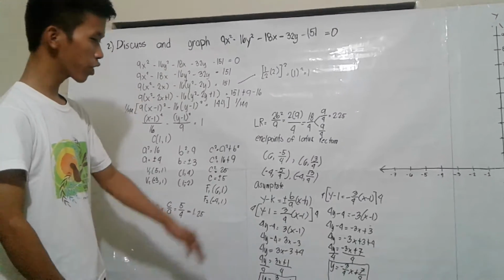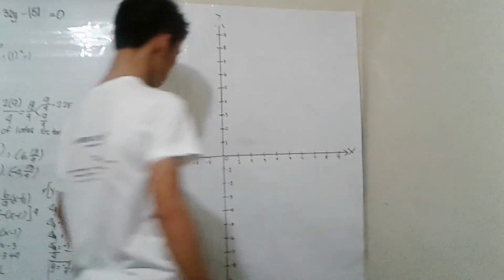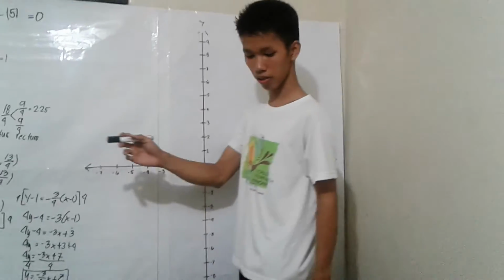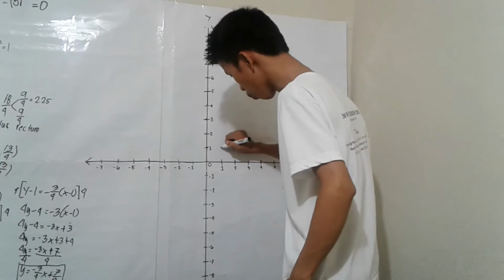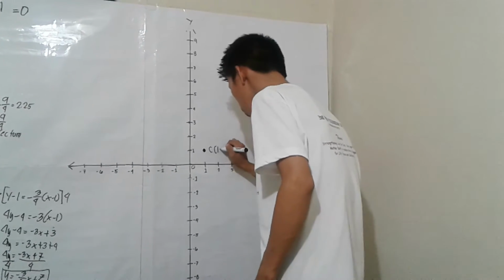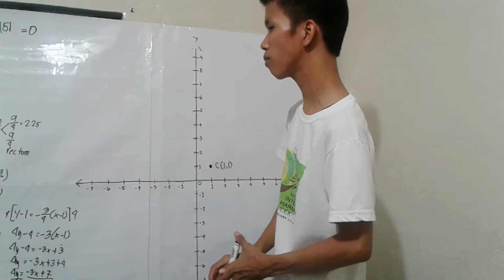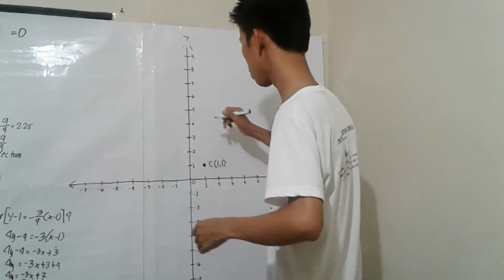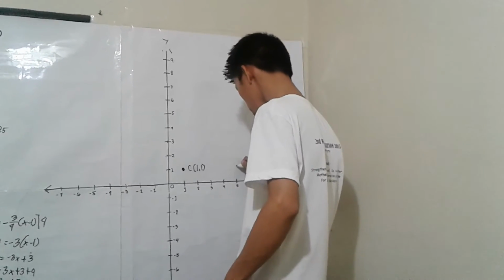So now we are ready to graph the hyperbola. First, locate our center. So our center is here, 1 and 1. So this is our center, 1 comma 1. So next, our vertex is 5, 1. So here, 5 here.